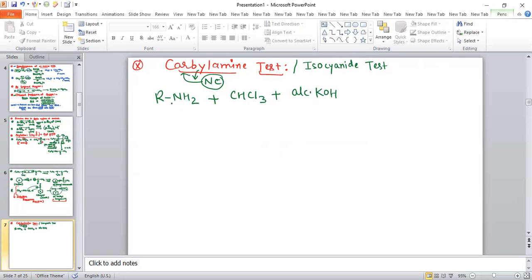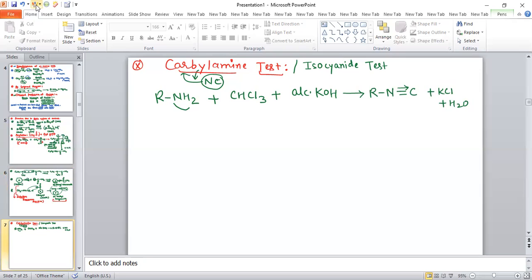The NH2 group will convert into RNC. The coordinate bond direction is from nitrogen to carbon, and the byproducts obtained after this reaction are KCl and water.